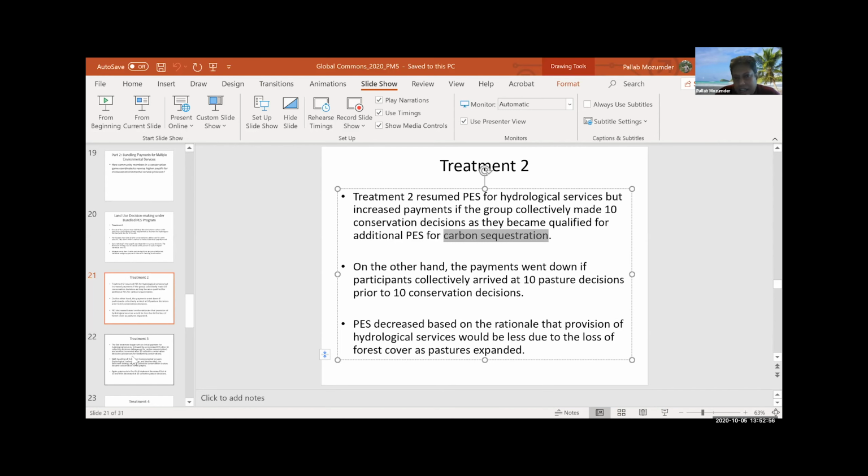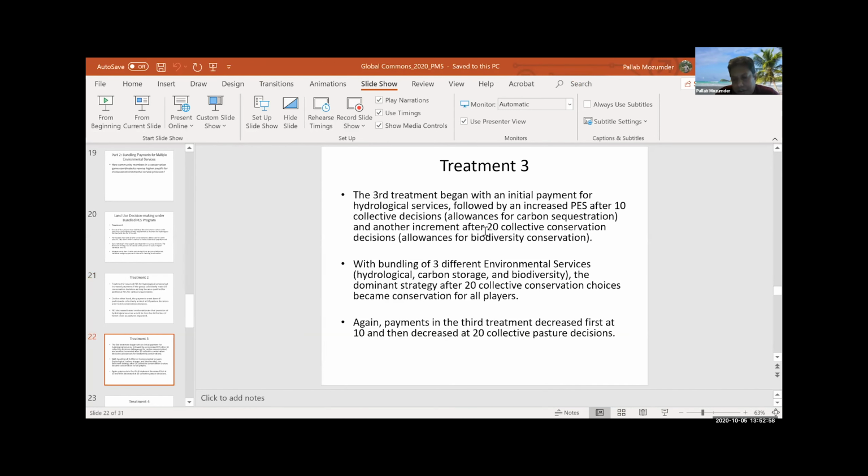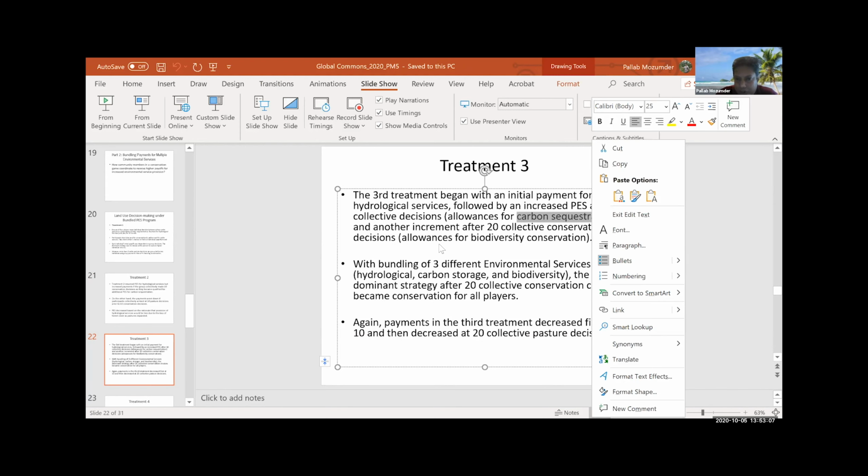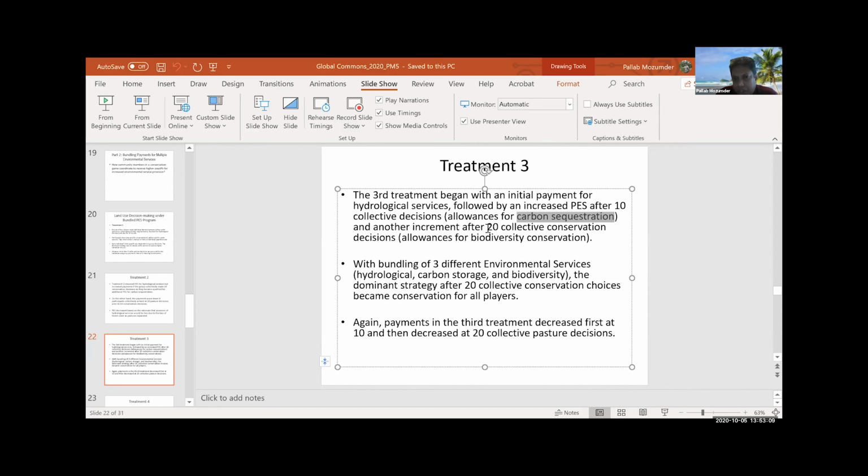And then in the next treatment, we bring another bundling. We say, okay, after 10 rounds you become eligible for carbon sequestration. But if you keep doing conservation after 20 rounds, then you become eligible for another payment for environmental service, which is biodiversity conservation.